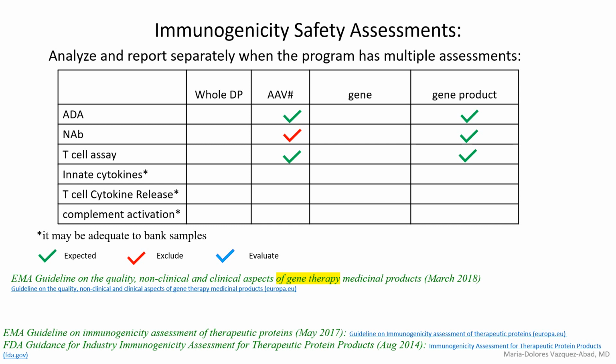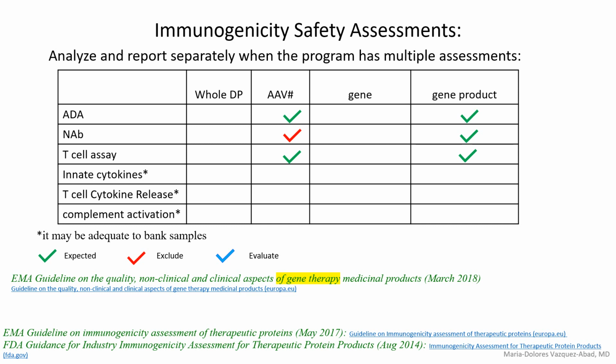And if the vector cannot deliver the gene, then the therapy doesn't work. So in general, for gene therapy, the neutralizing antibodies to the vector are tested with assays that have been also approved, or they are a companion diagnostic with the therapy, and it's exclusionary.